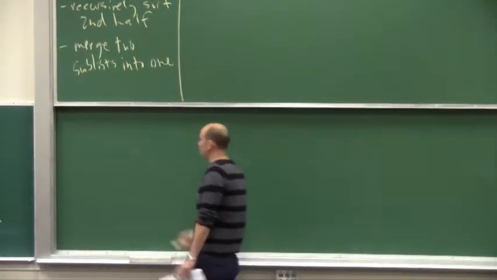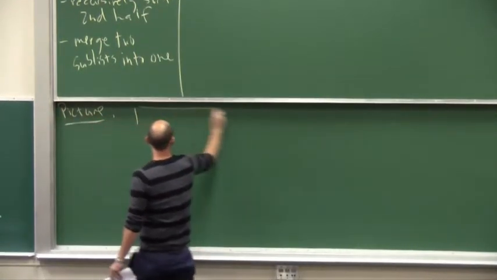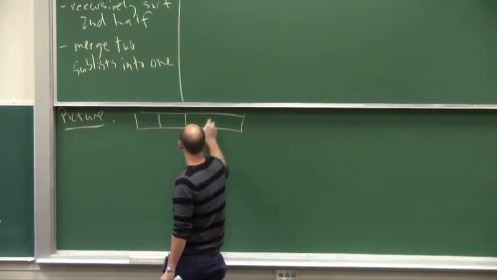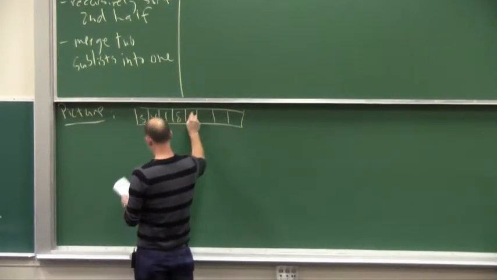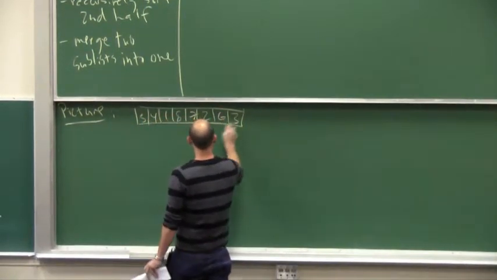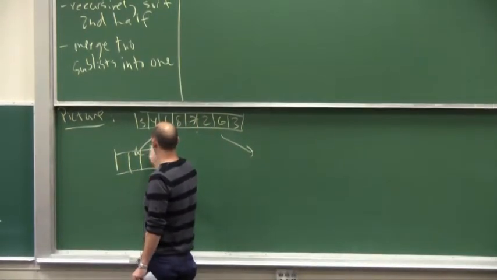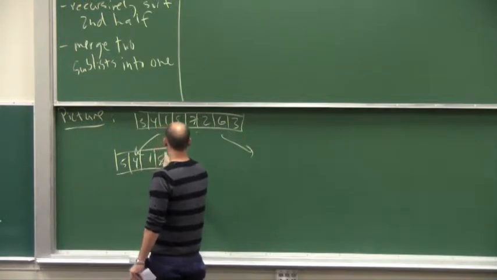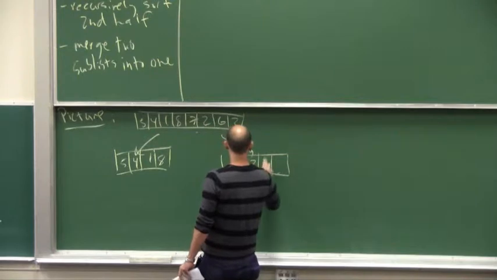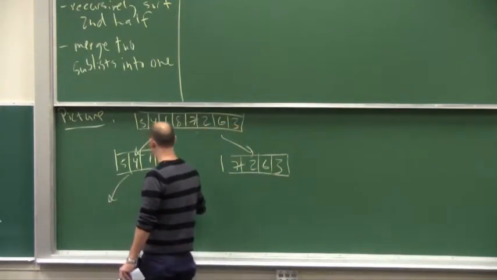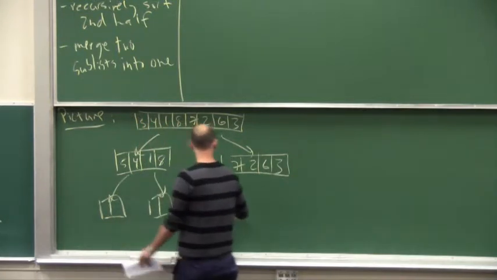So the cartoon picture you can have in mind: you start with some array. It conceptually gets split into two parts, which go to the recursive calls. Each of these recursive calls will in turn fork off two recursive calls on further subarrays, and so on.